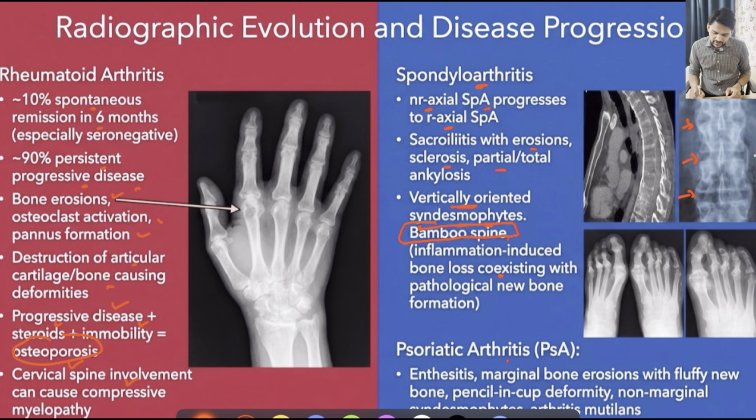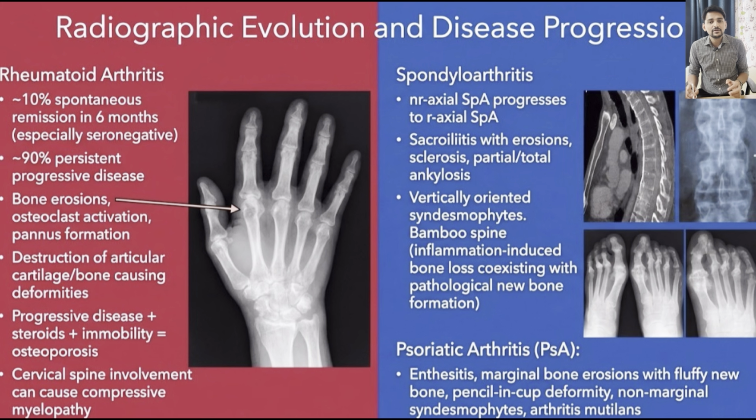Whereas in psoriatic arthritis, the disease might progress to involve enthesis, causing enthesitis, and we see marginal bone erosions with fluffy new bone formation. And another hallmark feature is pencil in cup deformity. But in this particular condition, the syndesmophytes are not marginal. They will be commonly present at the site of attachment of these tendons or the sheaths covering tendons and all. So it is not usually marginal.